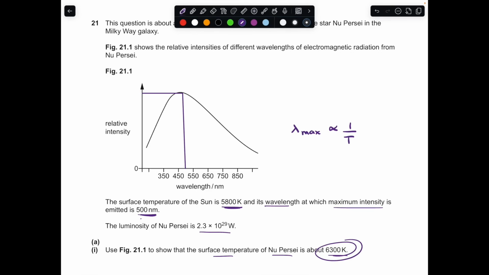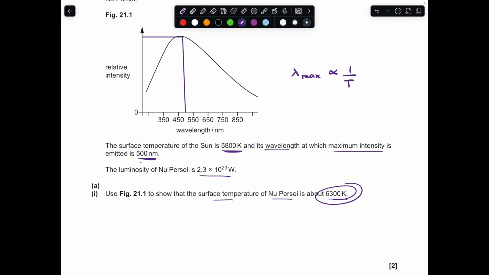So I can set this up into a relationship between the two, the sun and the Nu Persei. I can say that the wavelength of Nu Persei, I'm just going to call it NP, over the wavelength of the sun is equal to the surface temperature of the sun over the surface temperature of Nu Persei.